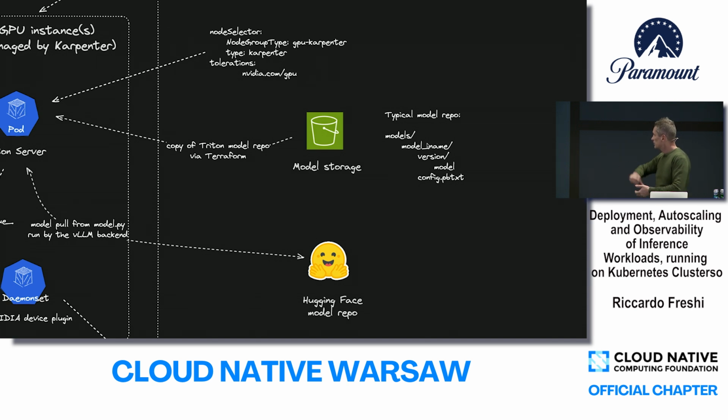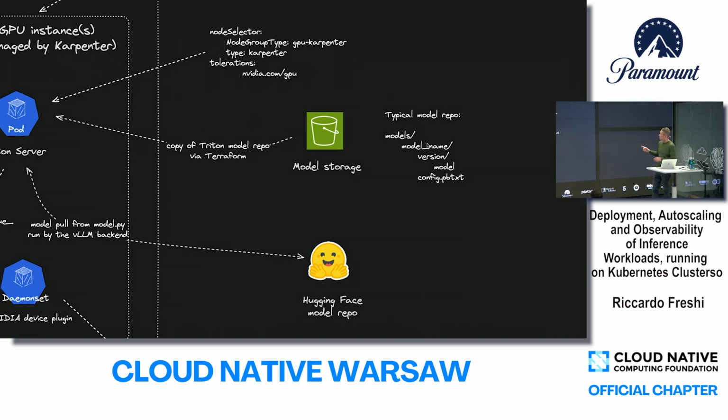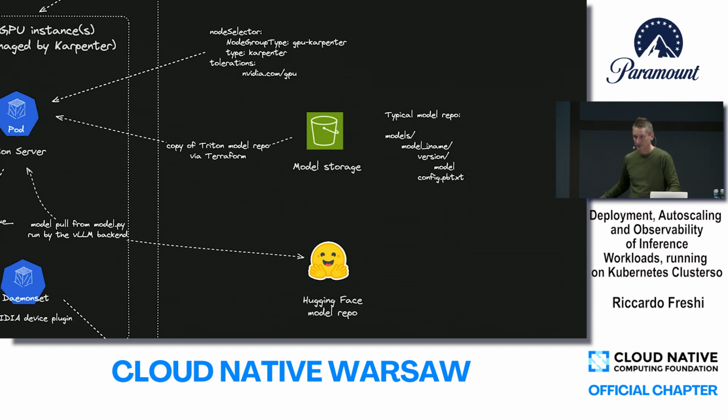Within the version, you see the model. So the model itself, in our case, which is a vLLM backend, is not completely hosted in there. There is a Python script that will load the model from the Hugging Face repository.